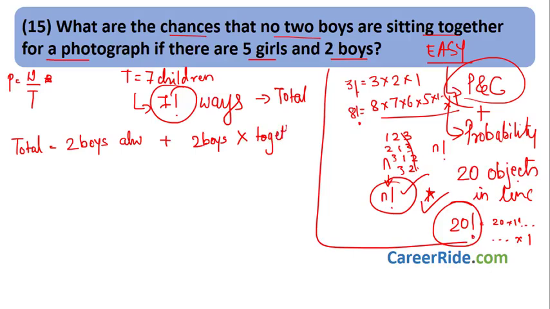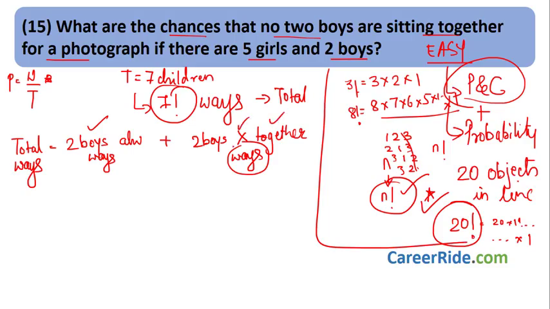So the total ways in which we can arrange the 7 children is 7 factorial. That is nothing but the number of ways in which 2 boys are always sitting together plus the number of ways in which the 2 boys are never sitting together.